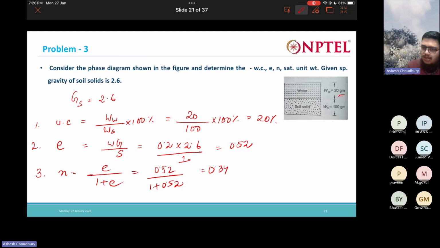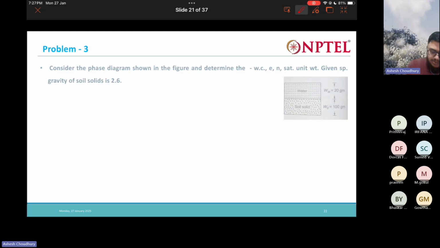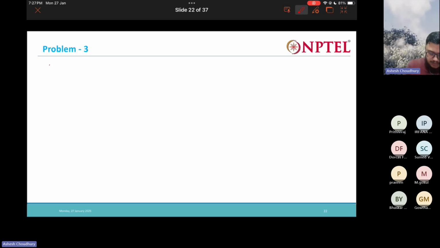Correct. And then finally, calculate the saturated unit weight also. So gamma t, saturated unit weight, how much are you getting? Fine, let us see how to do it.